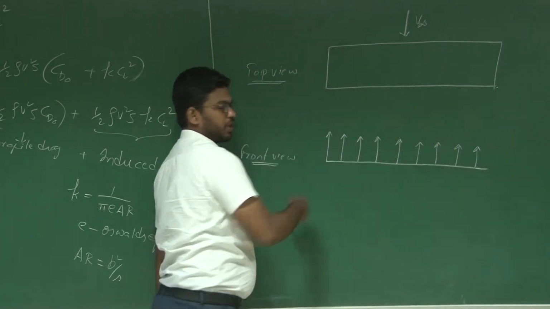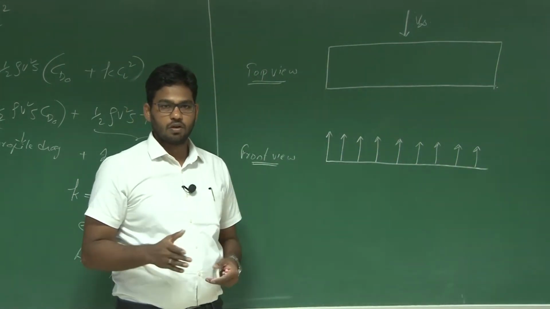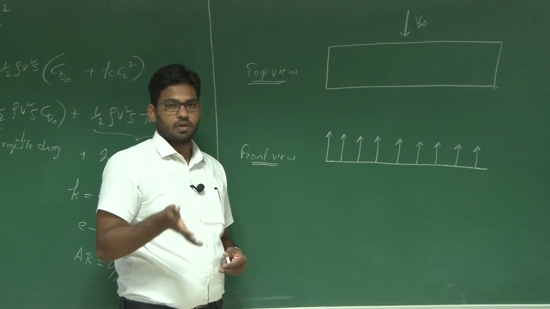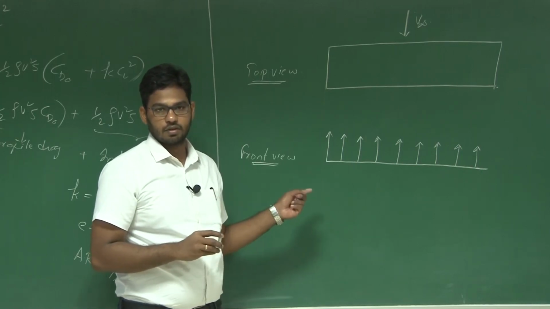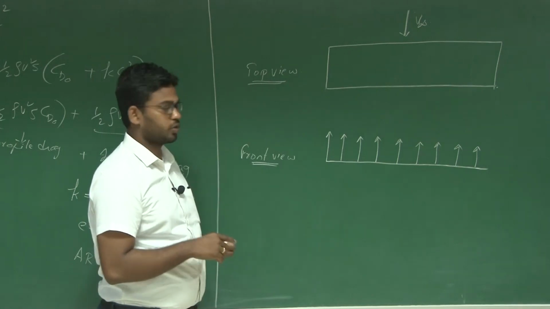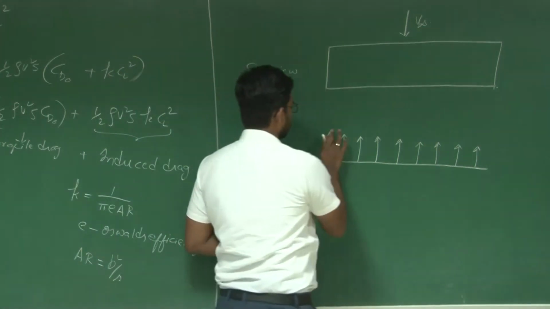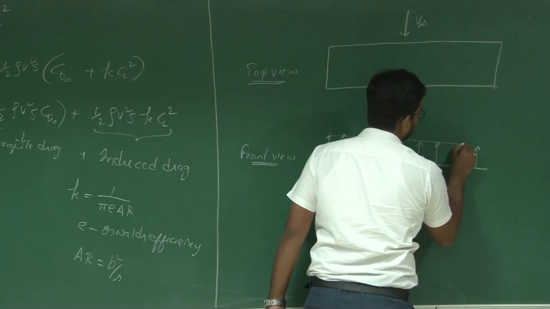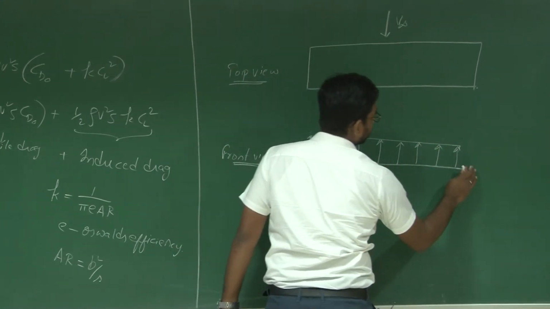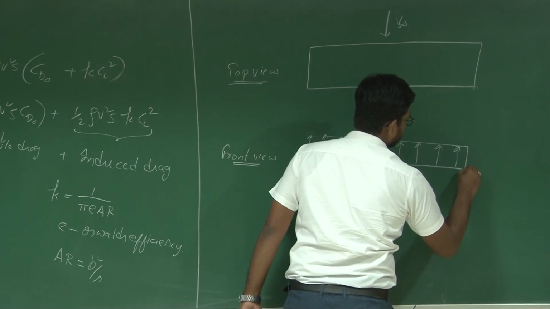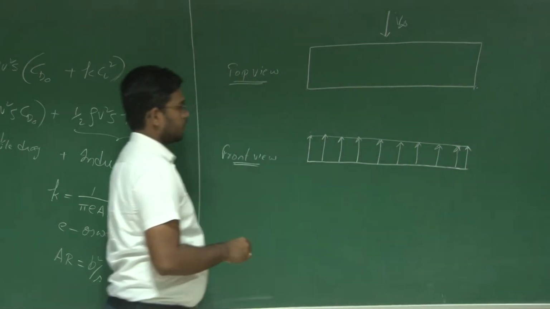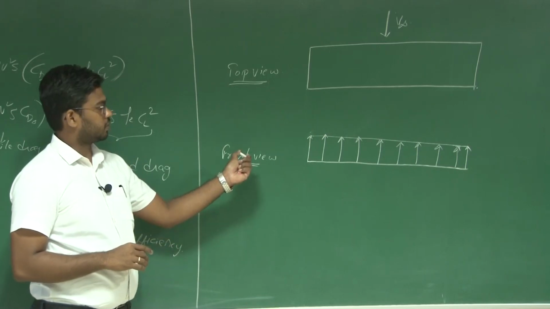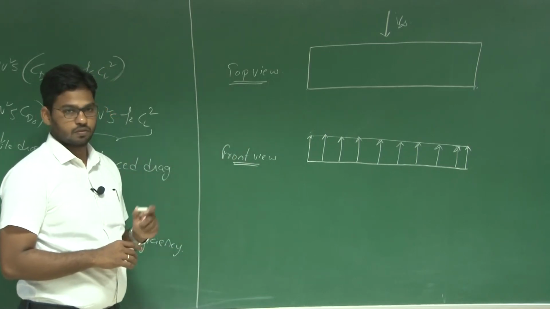Because at each and every span-wise location, you have an aerofoil which gives you a resultant aerodynamic force, and a component of that contributes towards lift. So typically this is the lift distribution for a rectangular wing.